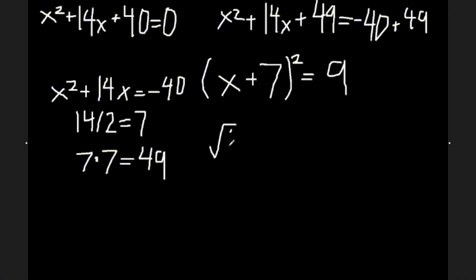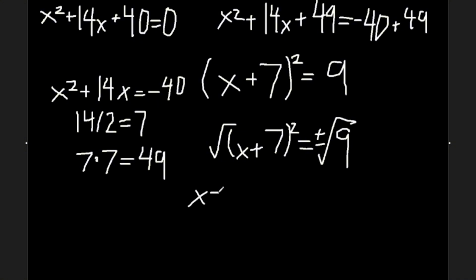Square it, x plus 7 squared is 9. We have to find the square root of x plus 7 squared and 9.